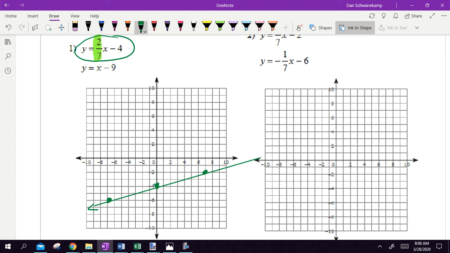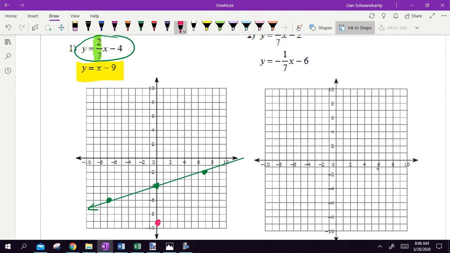Even that line right there that I just drew, it's not perfect. I would want to make sure that I could get as close to the dots as possible. Hopefully we cross at one of these dots because that's the easiest place to tell. Then we're going to graph the other one. x minus 9, so I'm going to start down here at negative 9.